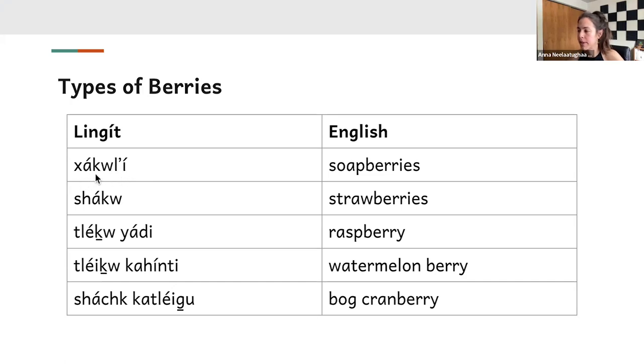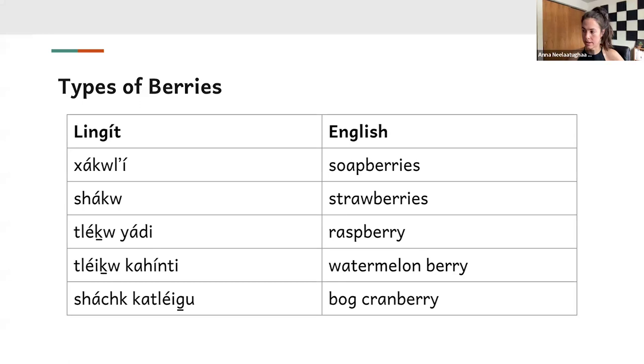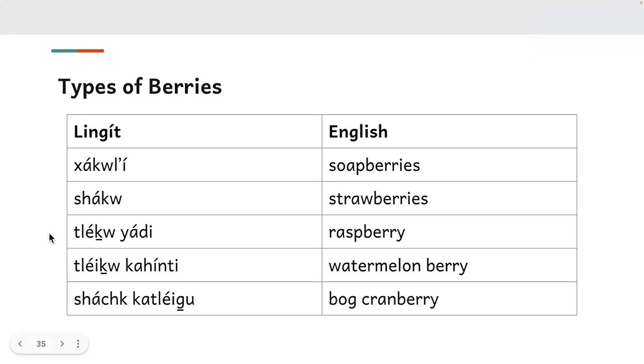We'll look it up after. And then strawberries, repeat after me, Shak. Shak. Raspberry is Tleq Yadi. Yadi. Does this look familiar? Yadi. The child of the berry. Yeah.